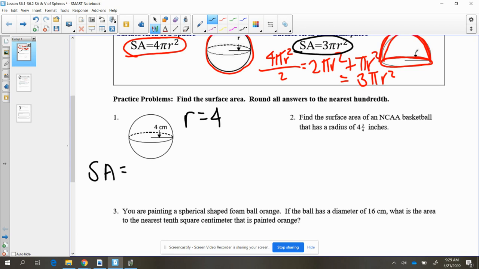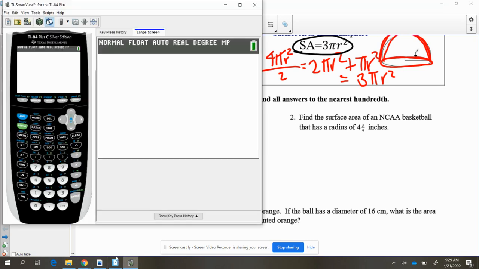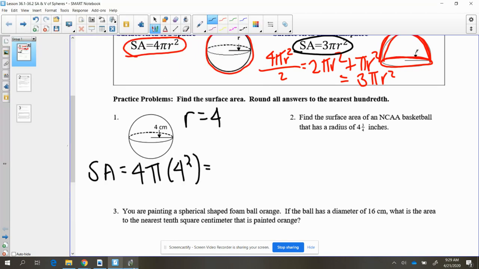So when we type this in, we have 4 pi times that radius squared. And if we type that in the calculator, 4 times pi times the radius squared, we end up with about 201.1. So 201.1 centimeters squared, because it's an area.